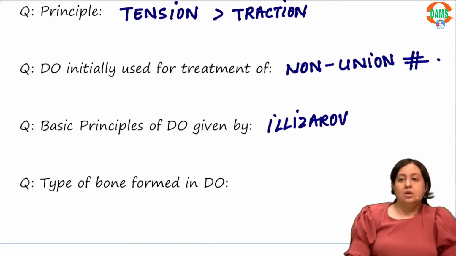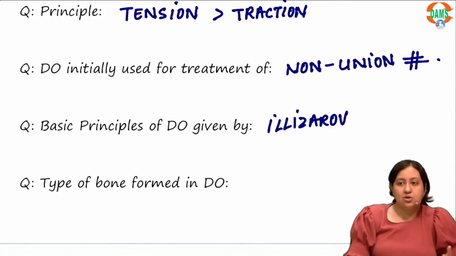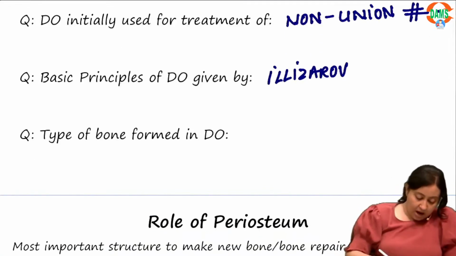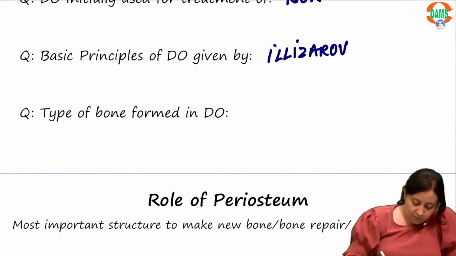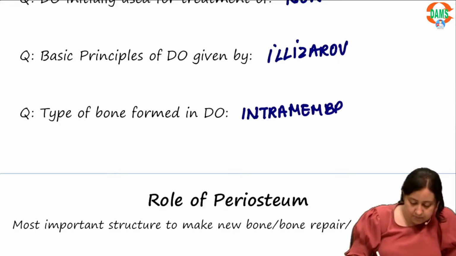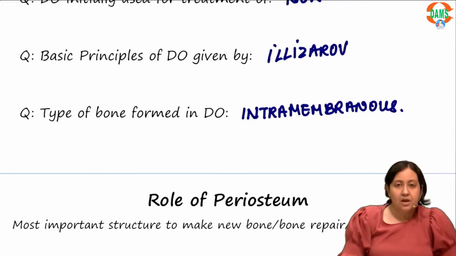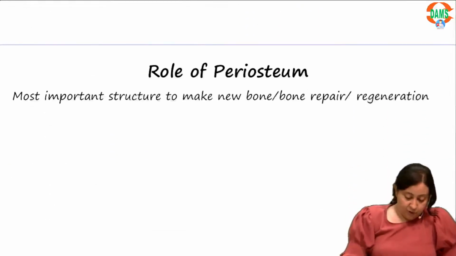This was a Russian orthopedician who gave the protocols or the phases of distraction osteogenesis, which we will be dealing with in today's session. And the type of bone formed in DO is intramembranous. So these are a few important points, a few one-liner questions which you need to remember for your exams.